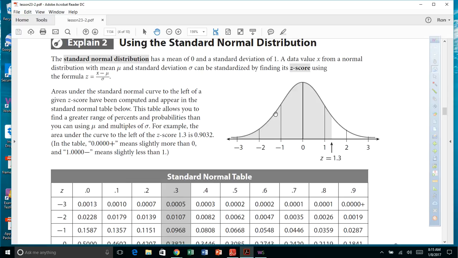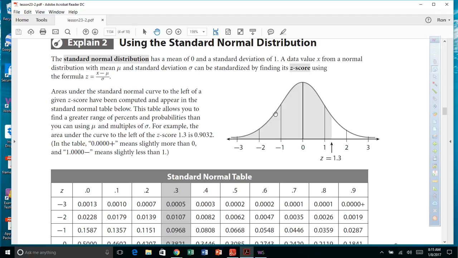A data value x from a normal distribution with a mean mu and a standard deviation sigma can be standardized by finding its z-score using the formula z equals x minus the mean divided by the standard deviation.